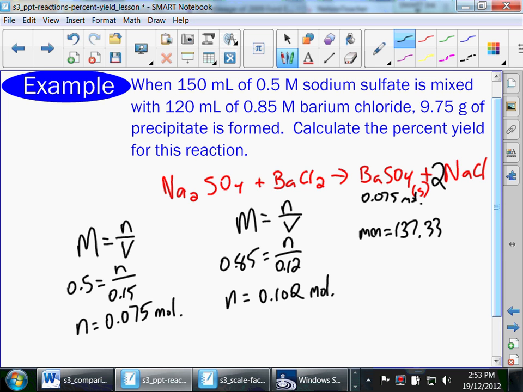So molar mass is 137.33. Sulfate, I forget what that is. 32.07 plus 4 oxygens, which is 64. So that's going to be 169.4, 169.